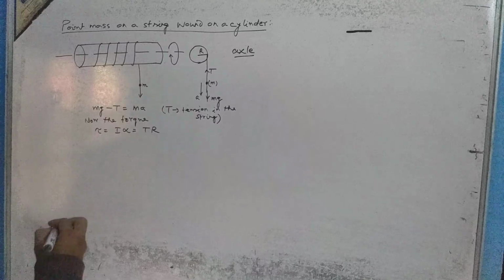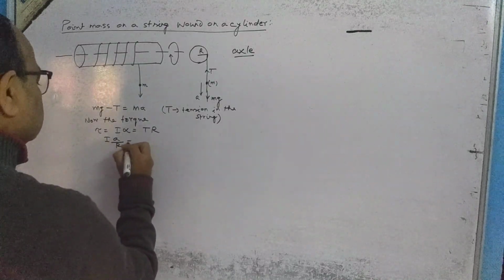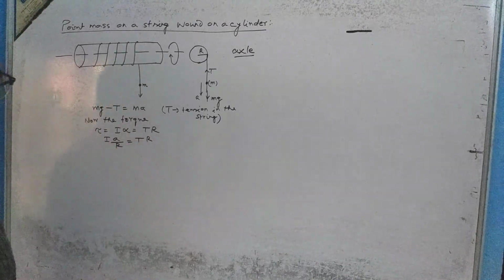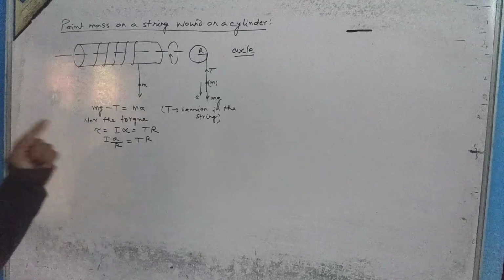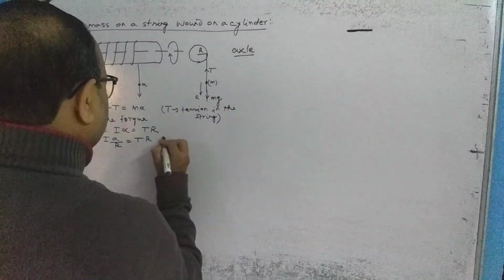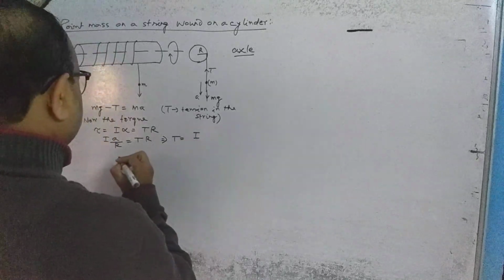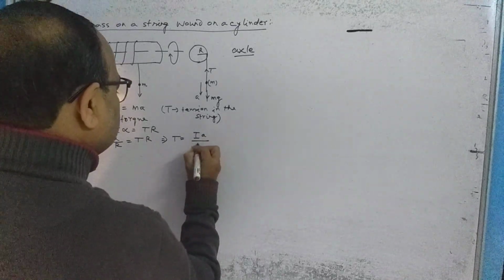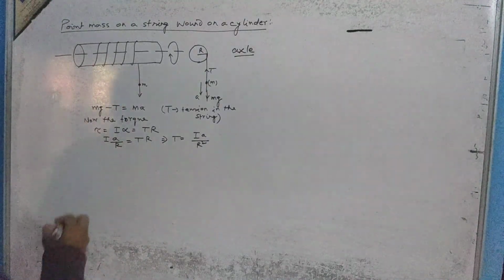Or we can say I into a by R is equal to T into R. That is also clear, because angular acceleration is equal to the linear acceleration by the radius. Already done. So T is equal to I a by R square. This is the value of the tension.